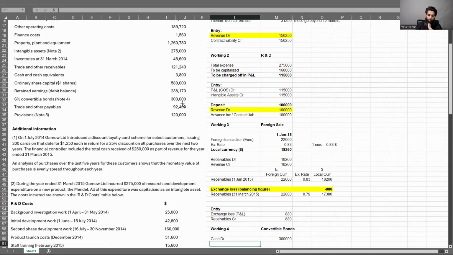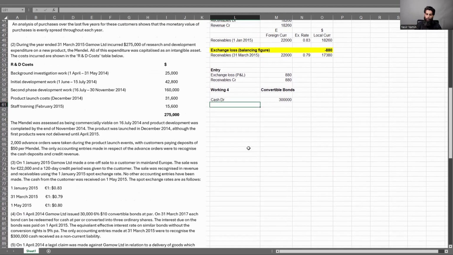So you would have received cash of $300,000, and as per IAS 32, you should have credited your financial liability, and you should have also credited equity option with some value. Remember, we need to do split accounting.